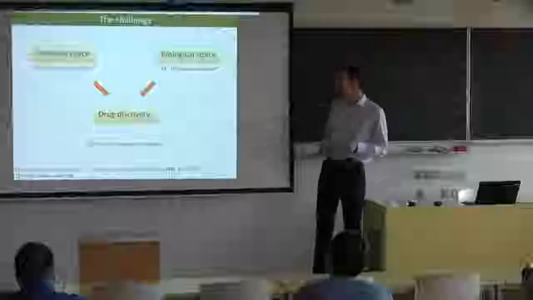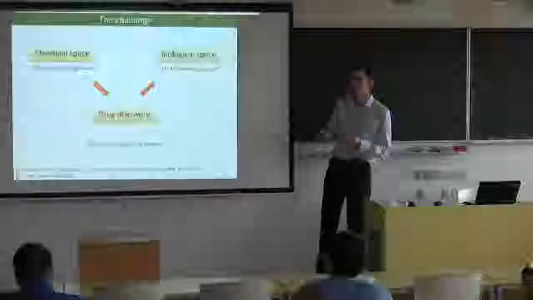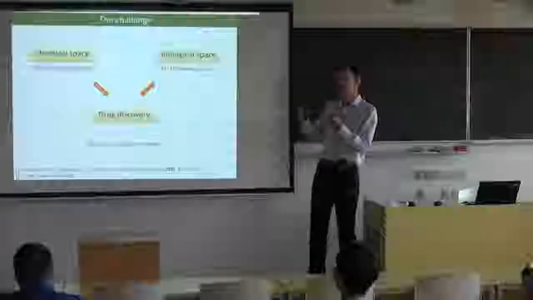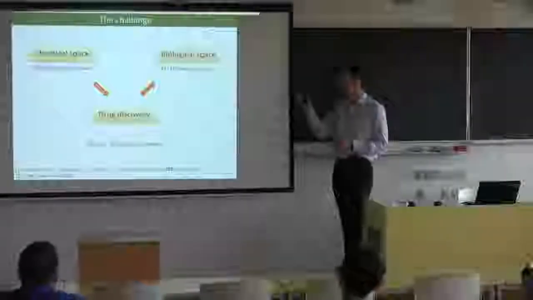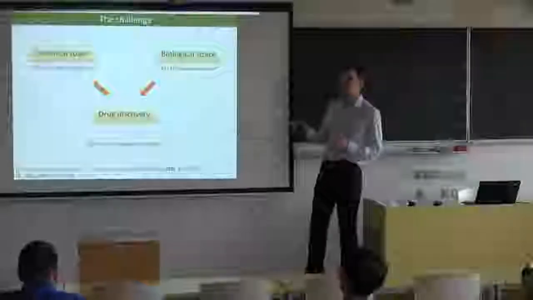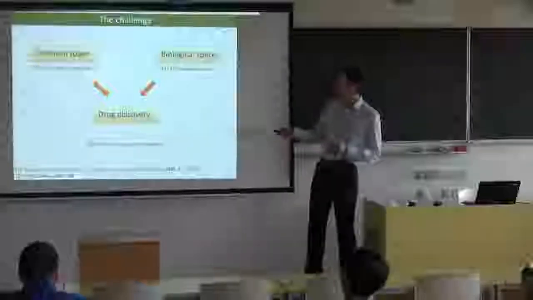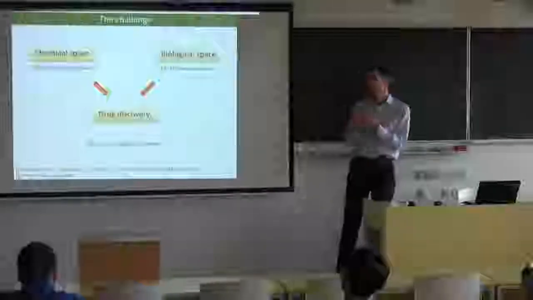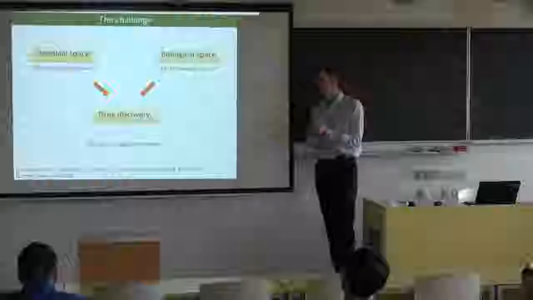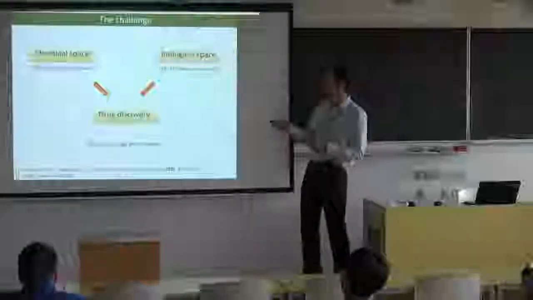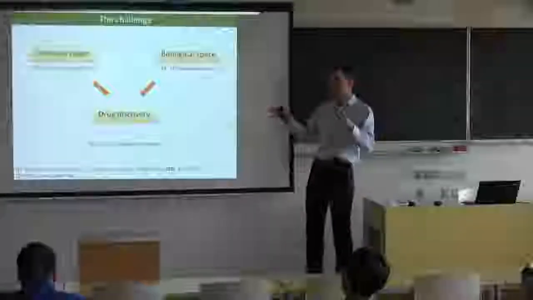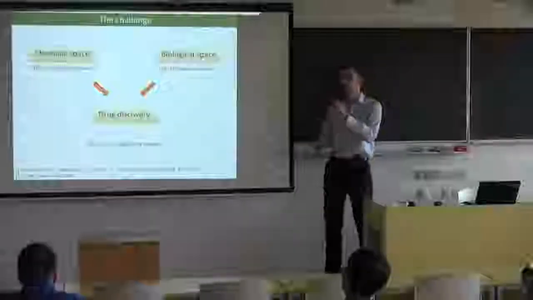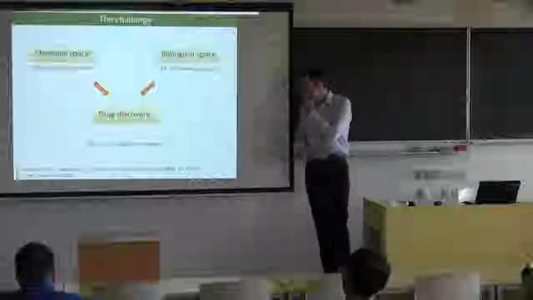At the same time, the biological space is represented, for example, by human proteins already identified, which number something like tens of thousands. On the intersection of these two spaces, drug development exists. We need to select from this vast chemical space compounds which will be active against one or multiple particular proteins in the human body.